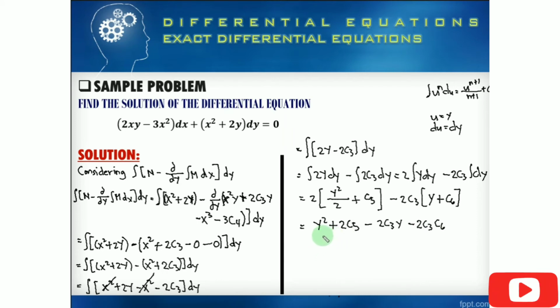So we now have the equivalent for the integral of n minus the partial derivative with respect to y of the integral of M dx, dy. Therefore, the integral of M dx plus the integral of n minus the partial derivative with respect to y of the integral of M dx, dy, is equal to c.